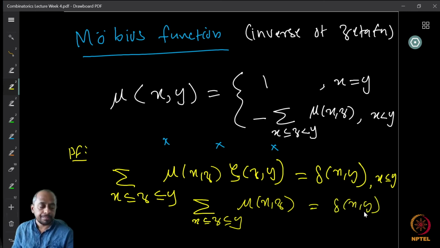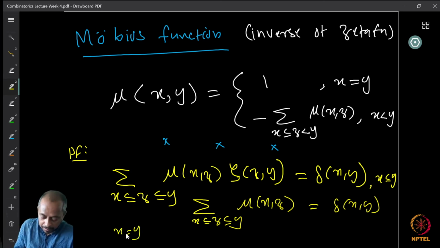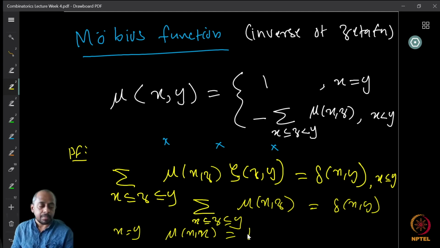This is true. Now if x is equal to y, then there is only one term, so mu of x comma x is equal to 1, because it is delta of x comma x. Otherwise delta of xy is equal to 0.